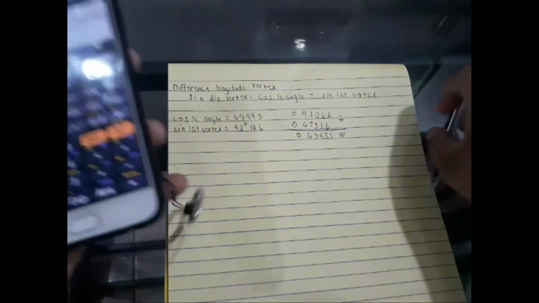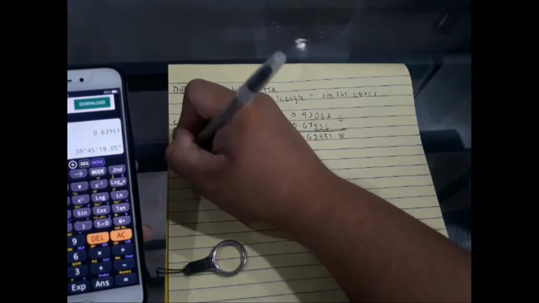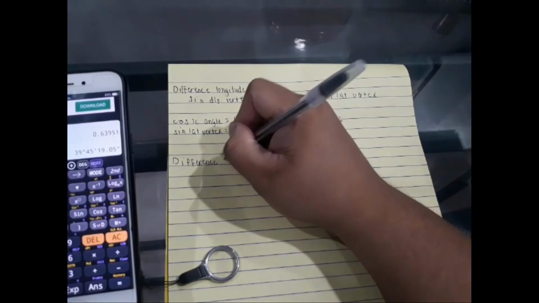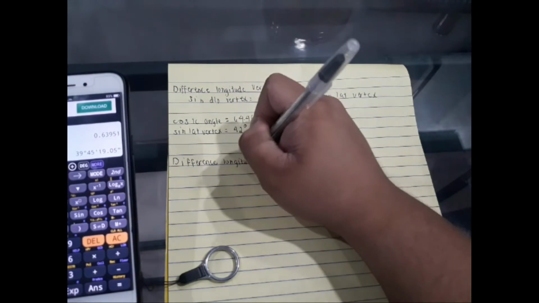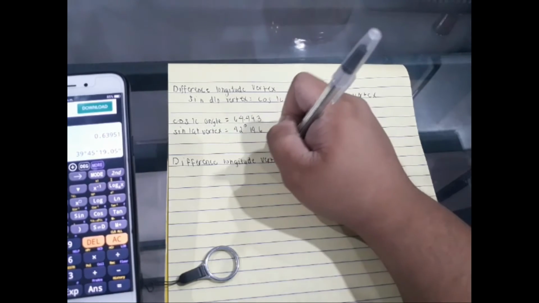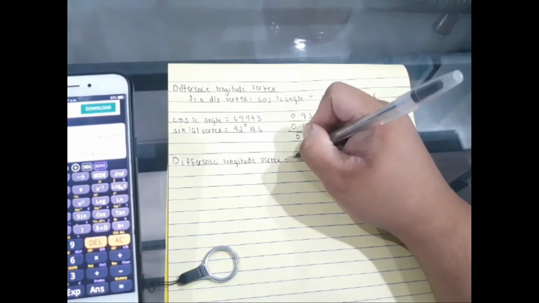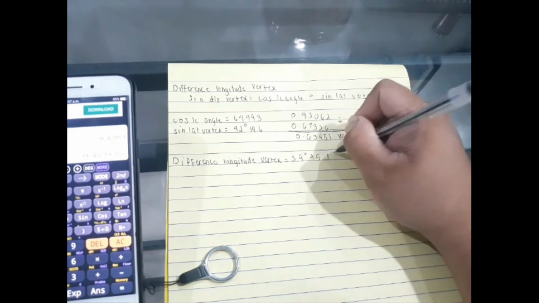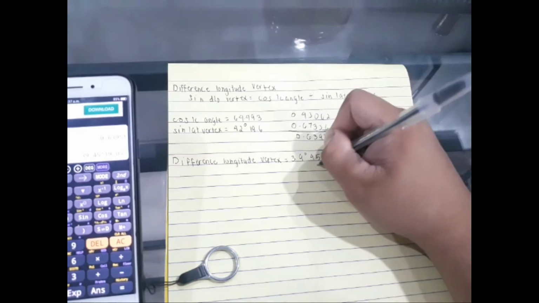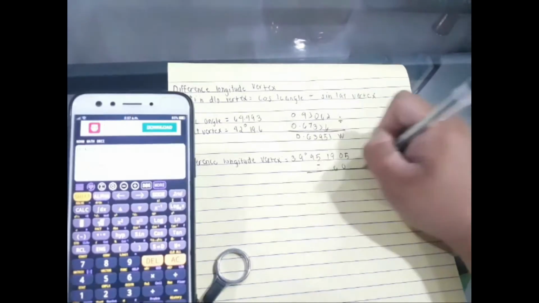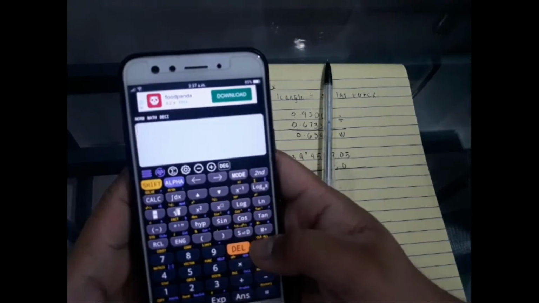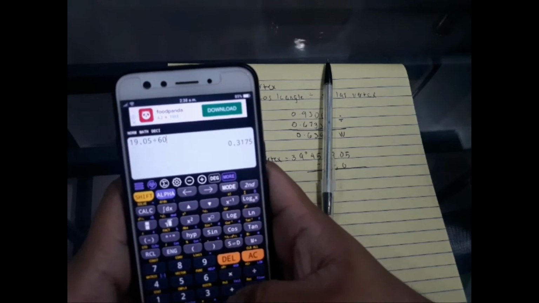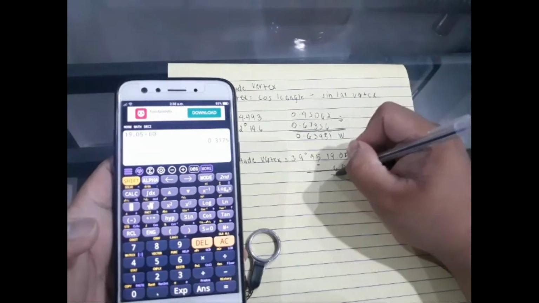So the difference longitude vertex will be 39 degrees and 45 minutes 19.05, and of course we're gonna divide it by 60. So 19.05 divided by 60 is equal to 0.3.